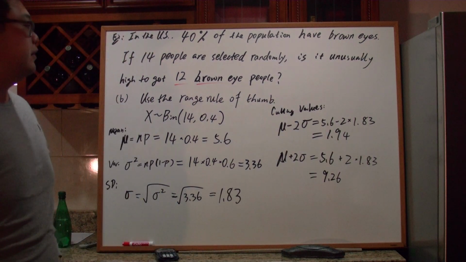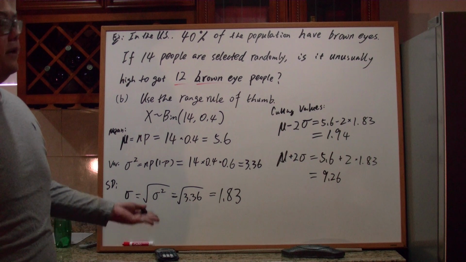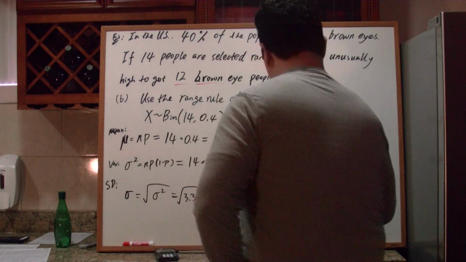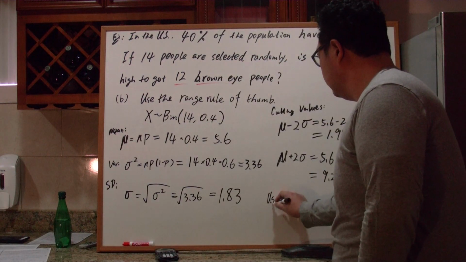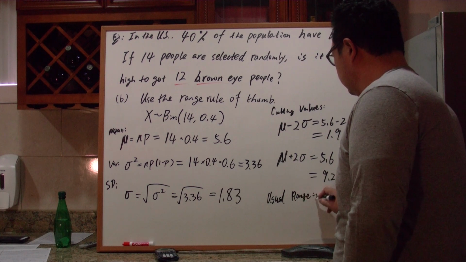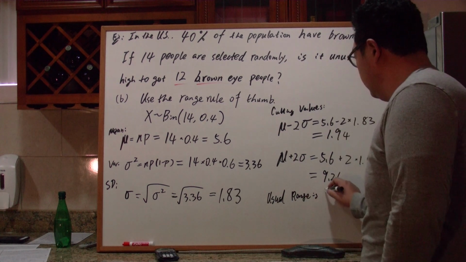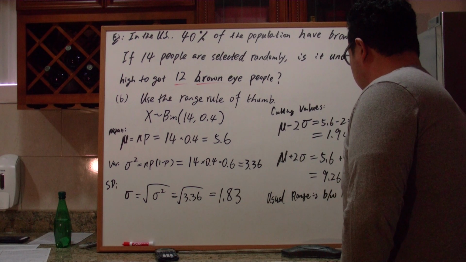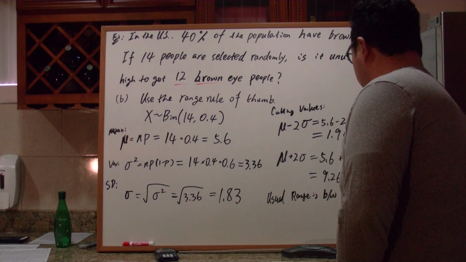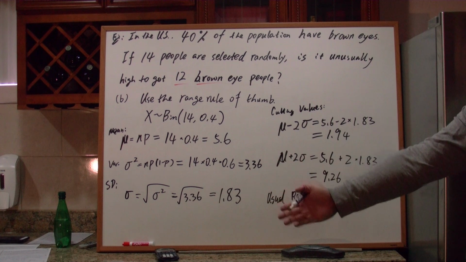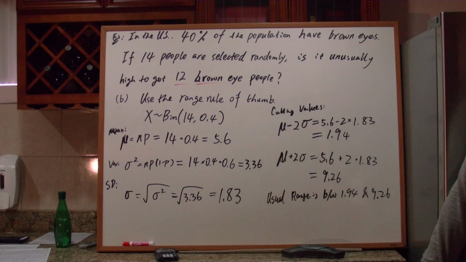So the usual range is within 1.94 to 9.26. Below 1.94 is called unusual, and above 9.26 for the x value is called unusual as well.